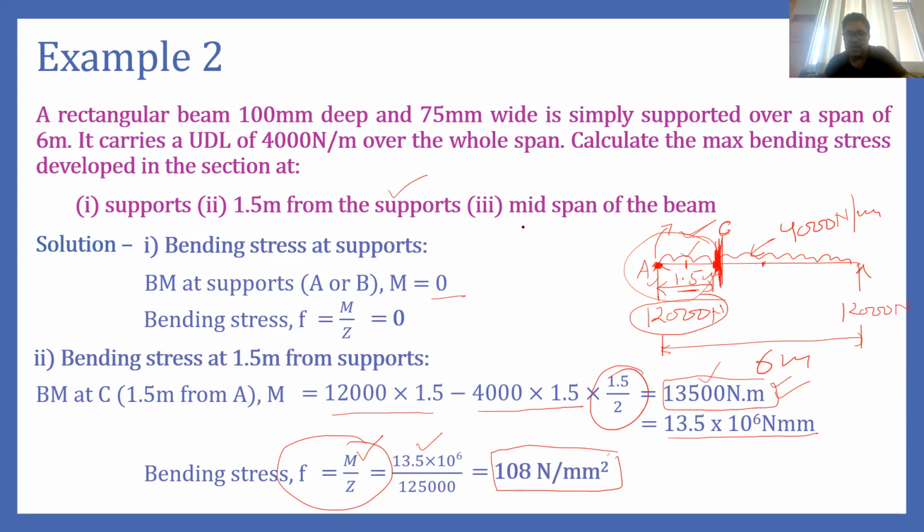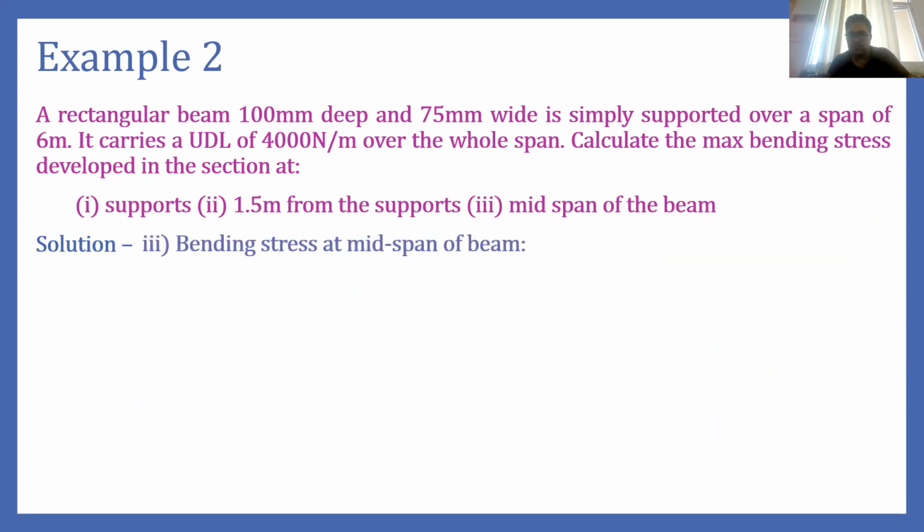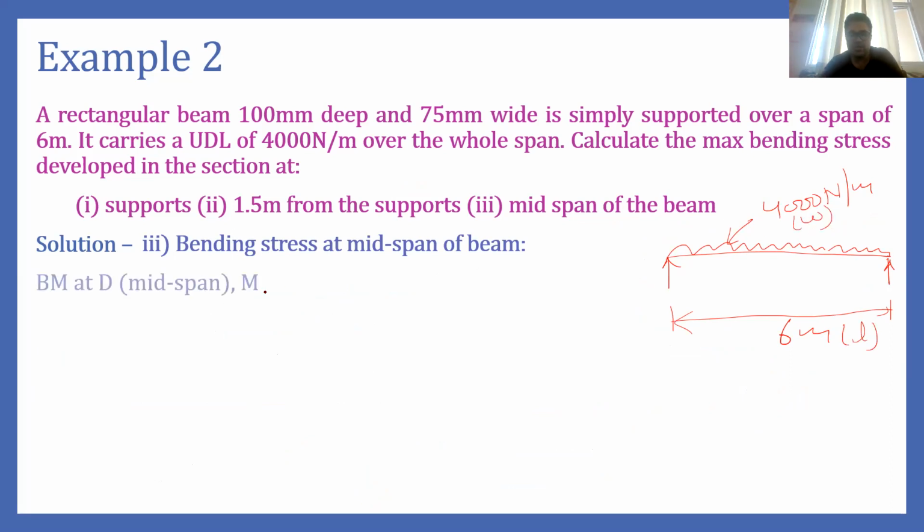Now we will find the bending moment at the mid-span. We know that when there is a simply supported beam carrying the UDL over the whole span, and this is the effective length, which is 6 meter, if we consider this as L and this as W, the bending moment at mid-span is WL square by 8.